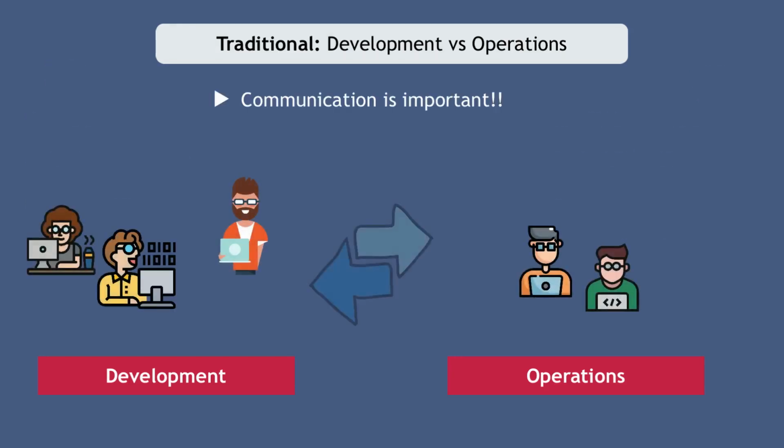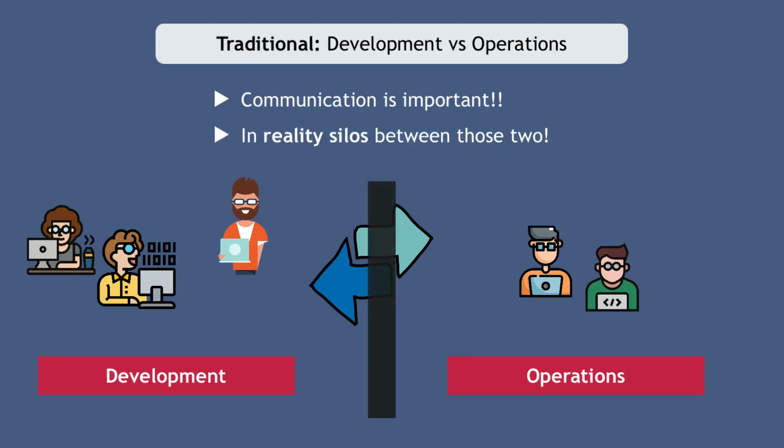Yet they have to communicate with each other so that this handover of, here is my application which I developed and tested, it is ready to run, please run it on the production system, has to happen very effectively and smoothly, and that will require very effective communication between these two roles. The reality is, because these roles are so different, there is basically no interface between them. So the communication is very difficult between those two roles to make this process effective.